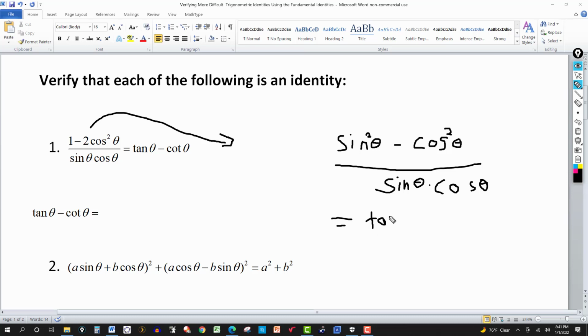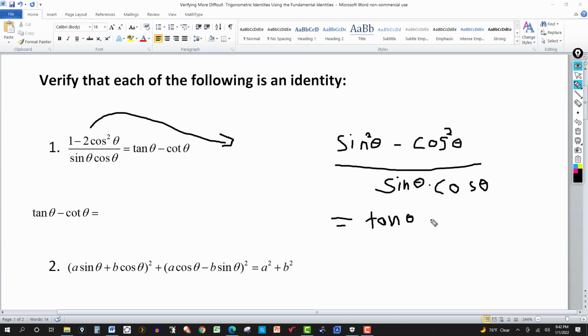I'm not showing all the steps necessarily in this one because I already did it one way. And then the next one will be minus cosine squared over sine theta cosine theta. So we've got cosine squared and a cosine theta, which cancels one of them. I'm left with a minus cosine theta over sine theta.